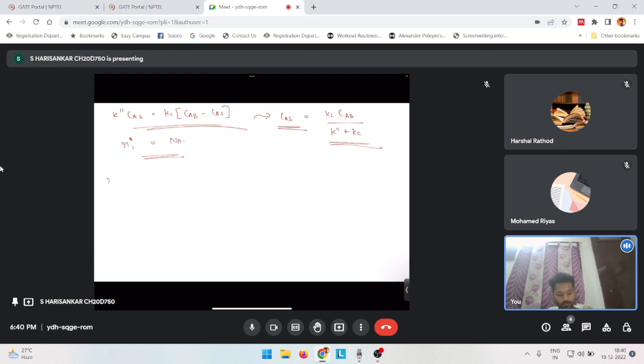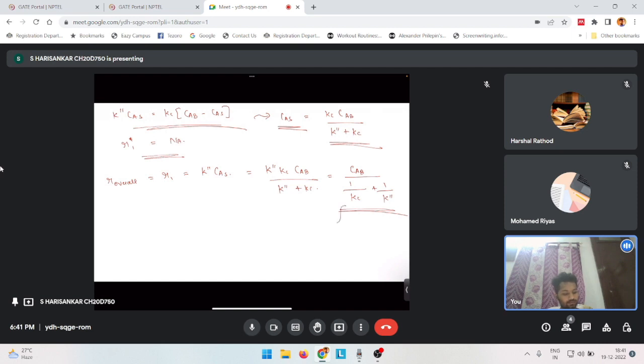And now we just said R overall, or the overall rate of reaction, is basically R1, and that is K double dash into CAS. Just substitute for CAS: K double dash Kc CAB by K double dash plus Kc. Just divide by K double dash Kc in the denominator, and you will get CAB by 1 by Kc plus 1 by K double dash.